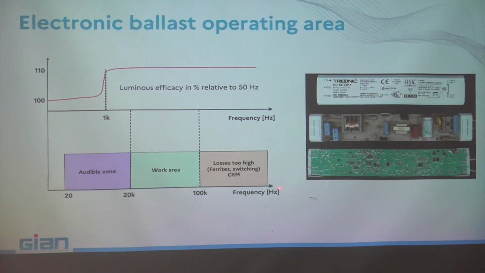And if you go above 100 kilohertz, then you have to redesign all your ballast and use a different kind of components inside in order to reduce the losses. And if you do that, the price becomes higher because you have to avoid different problems with switching frequencies and electromagnetic compatibility.